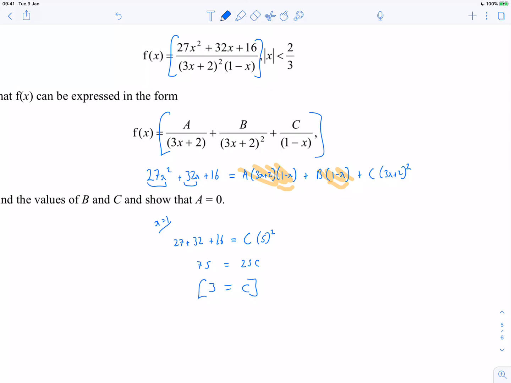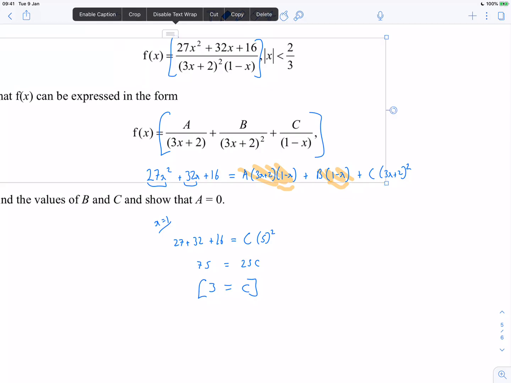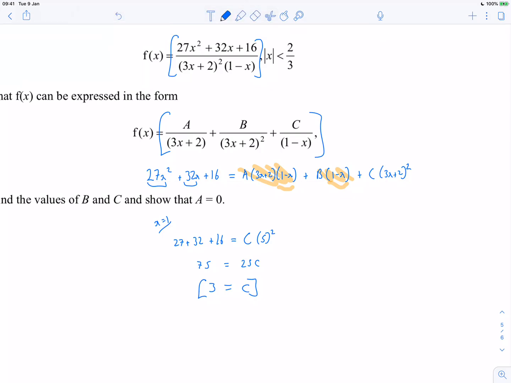To work out b, well, that's going to be quite straightforward as well, because to get b on its own, I just have to substitute in x equals minus 2/3. So if x equals negative 2/3, then the a and c will disappear. So we have got 27 lots of negative 2/3.